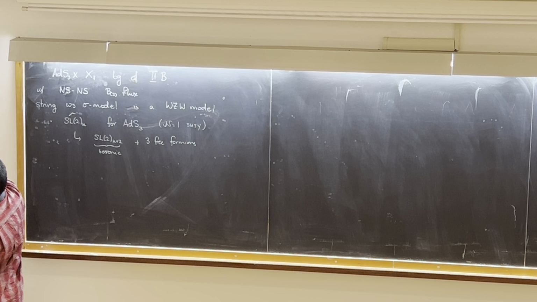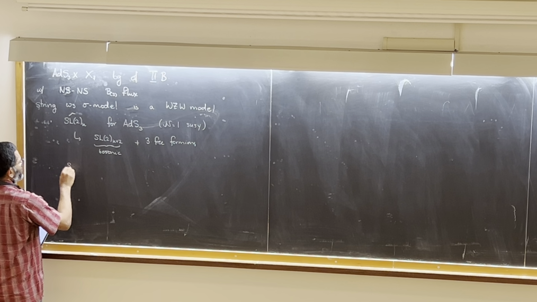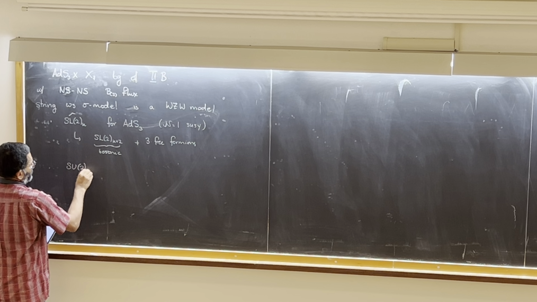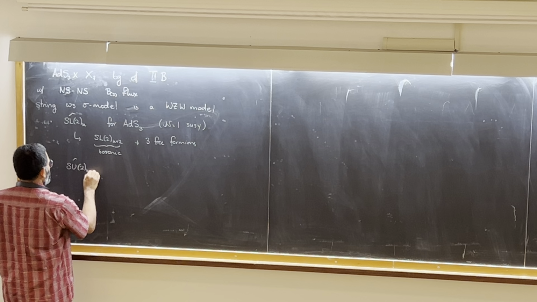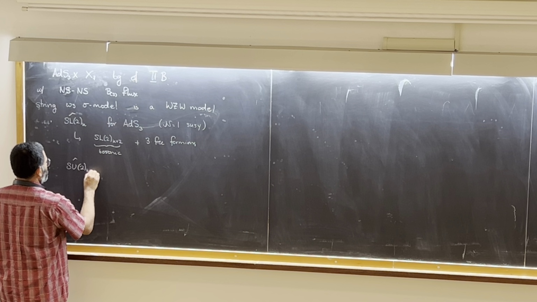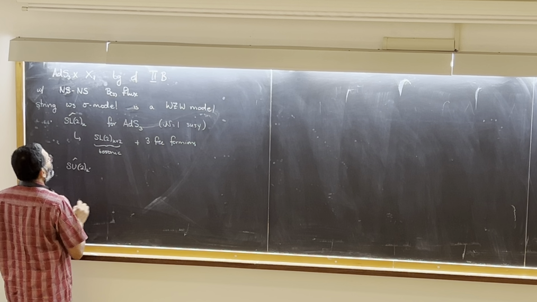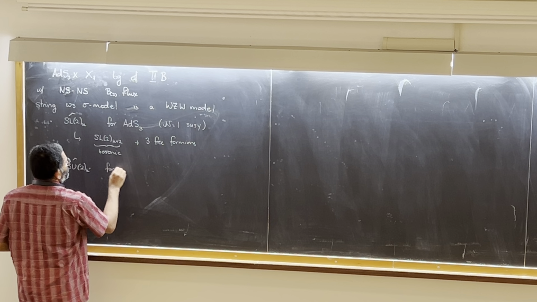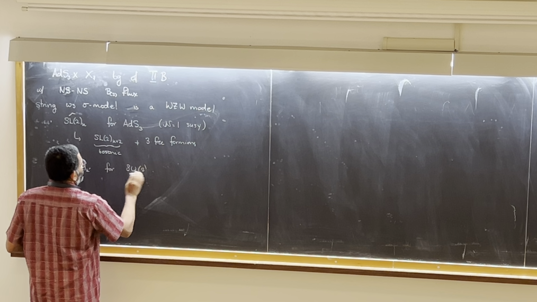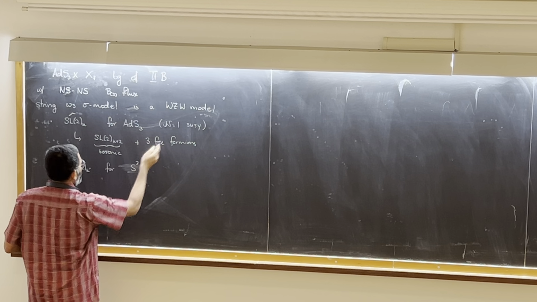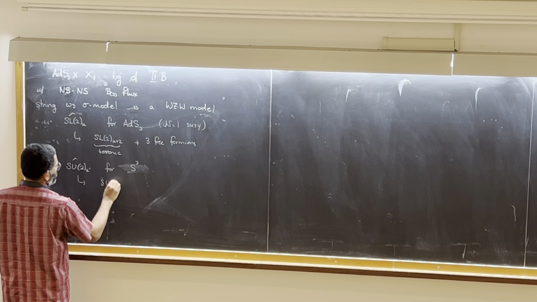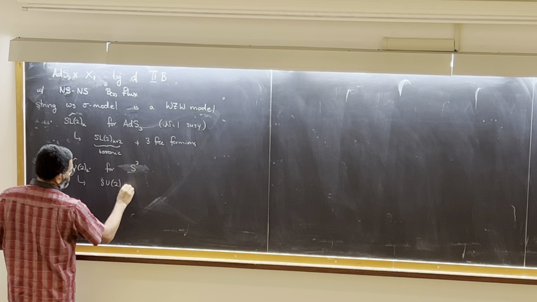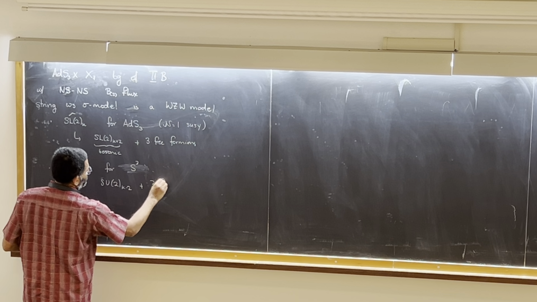If you have the three spheres, the three spheres are also given by SU2 level K. Let's call them K prime for SU2, for S3, again with N=1 SUSY. And now you can break this up into SU2 level K minus 2 plus 3 free fermions.